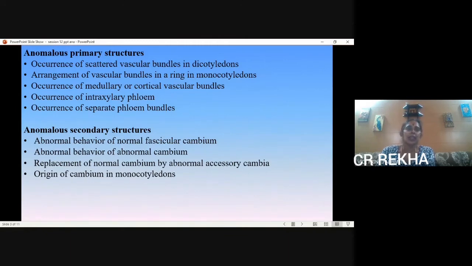The anomalous secondary structures may be due to the abnormal behavior of normal fascicular cambium, abnormal behavior of abnormal cambium, replacement of normal cambium by abnormal accessory cambia, or the origin of cambium in monocots.